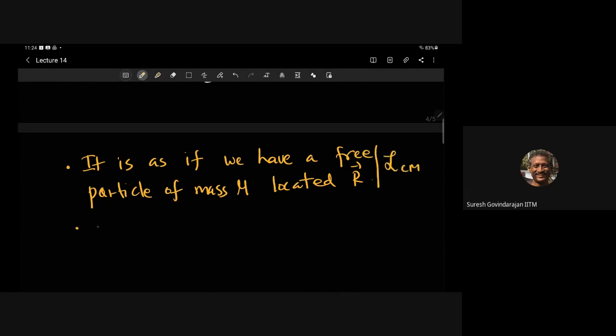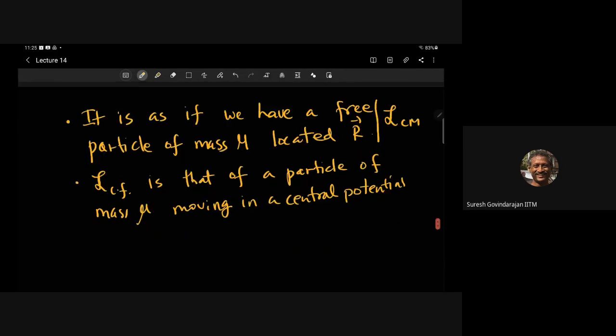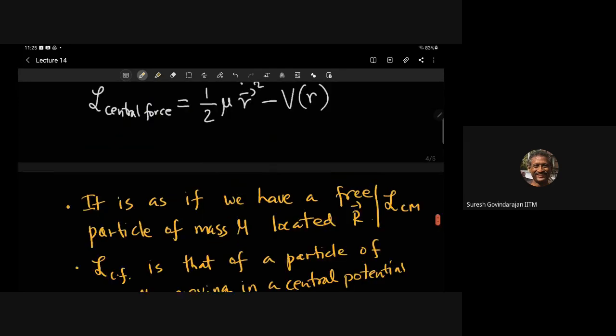And for this now the second one, L central force, is that of a particle of mass mu moving in a central potential. Is this clear? That's what is happening.